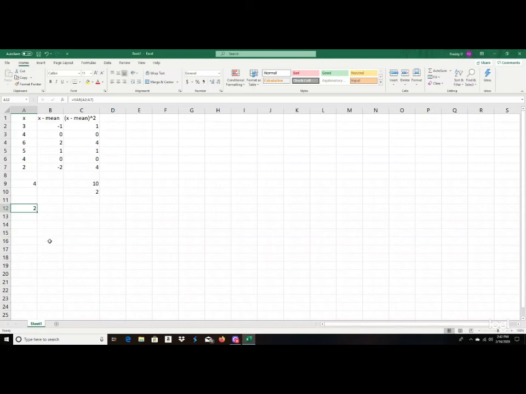Now, if you want to go a little further and do your standard deviation, this is what you type in. You have the equal sign again. Before I do that, here you have the 2, right?